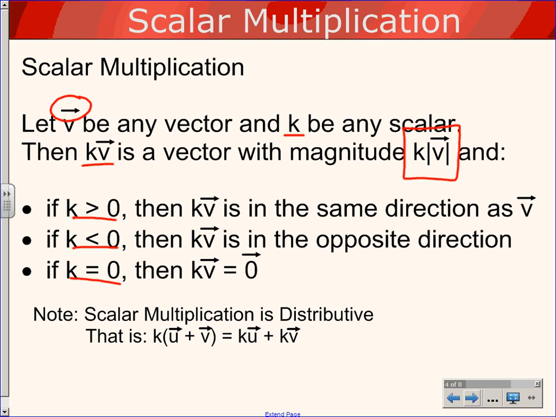Little note for us, this helps occasionally, the idea that scalar multiplication is distributive. And I think I can show you a bit of a picture of how that will work. If I had vector U here, and then I had vector V, kind of like that. So U plus V would be here, okay?